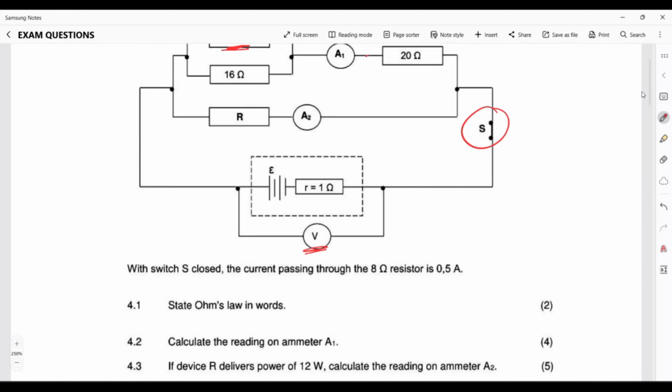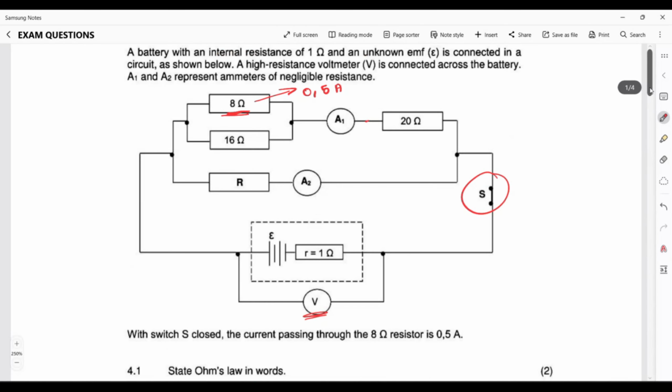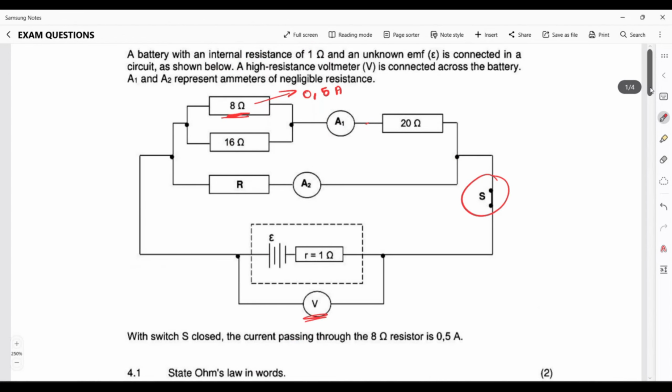What does Ohm's law say? Ohm's law says the current passing through a conductor is directly proportional to the potential difference at a constant temperature. Whatever, just go and use your exam guideline over there. You will get the correct definition. It's 2 marks.